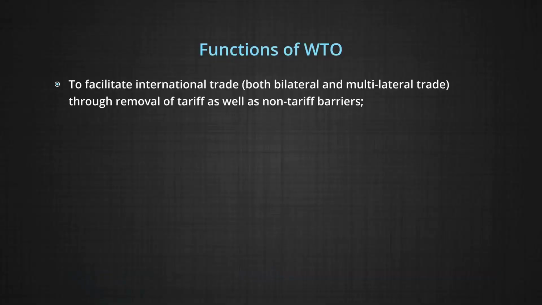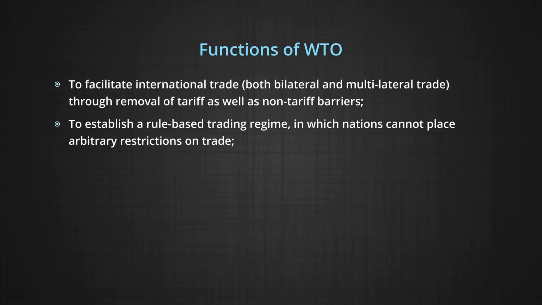Let us look at the functions of WTO. Number 1, to facilitate international trade, both bilateral and multilateral trade, through removal of tariffs as well as non-tariff barriers. Number 2, to establish a rule-based trading regime in which nations cannot place arbitrary restrictions on trade.